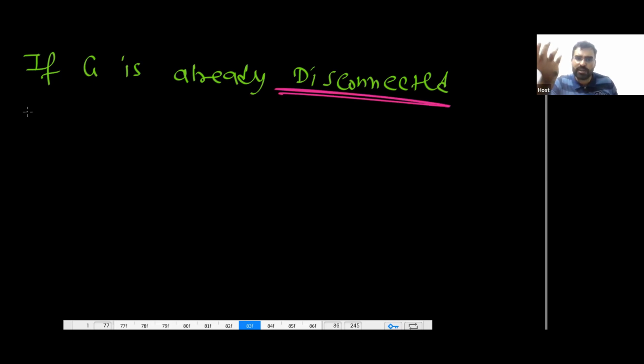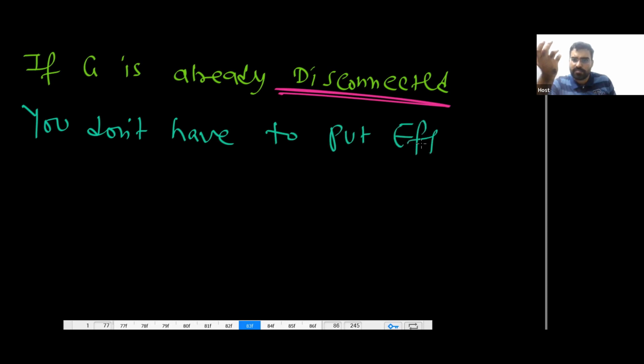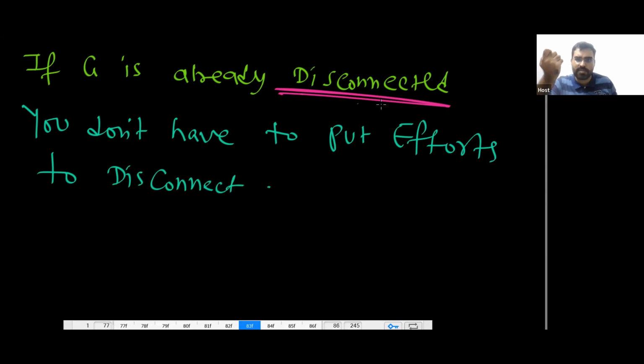If your graph is already disconnected, you don't have to put in efforts to disconnect it. So for disconnected graphs, we define the connectivity number as 0.